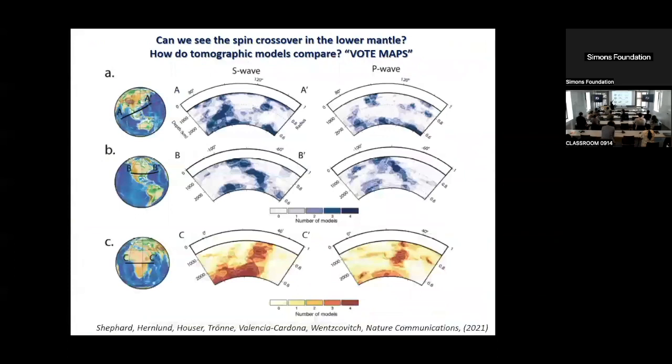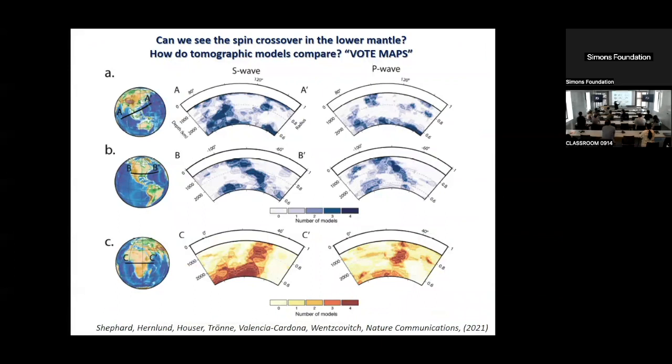The vote maps here, for example, are cross-sections in the Earth under Asia and under North America. These are plates that started subducting a long time ago, and they are down in the mantle. The shear wave vote map: these are not tomographic maps, these are vote maps, related to tomographic maps. The darker the region, the greater the agreement, and the greater the velocity heterogeneity.